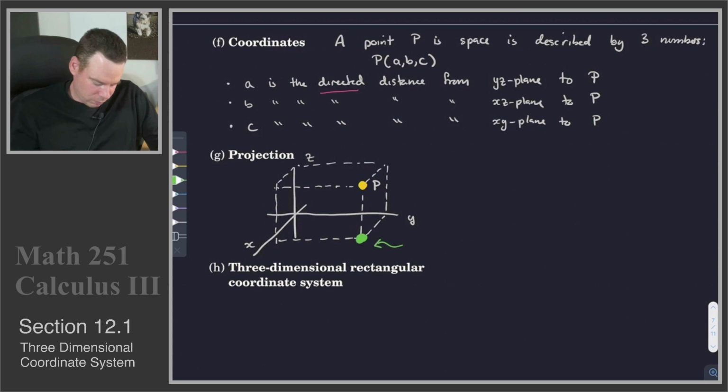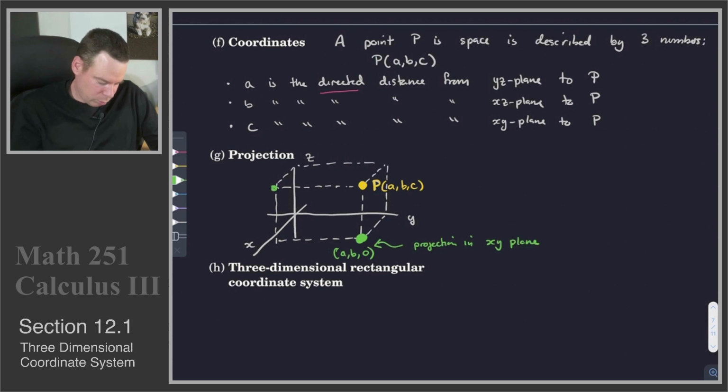This is what we call the projection in the xy plane. So if P had components A, B, and C, then all we have to do to find the projection in the xy plane is just zero out the z component. So this would be a, b, and 0.